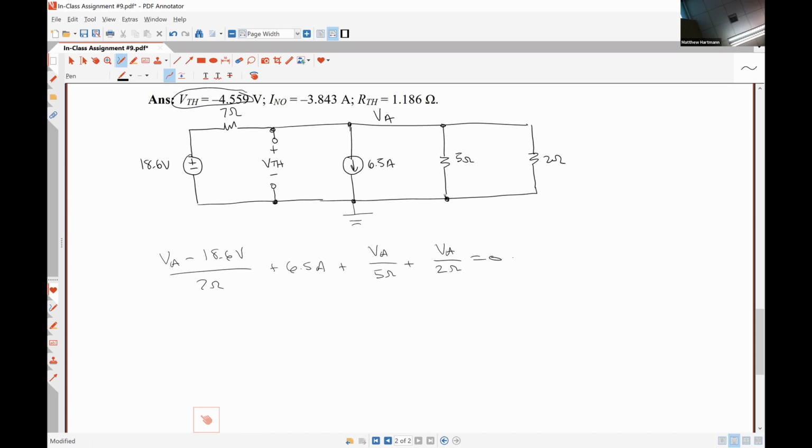So I have x over 7 plus 6.5 plus x over 5 plus x over 2 is going to be equal to 18.6 over 7. Solve.